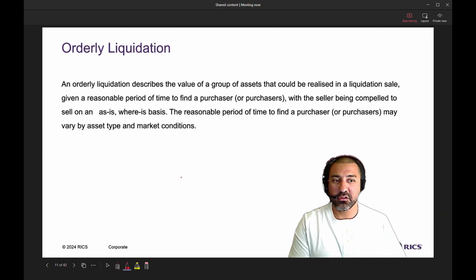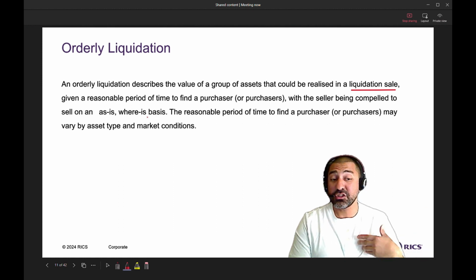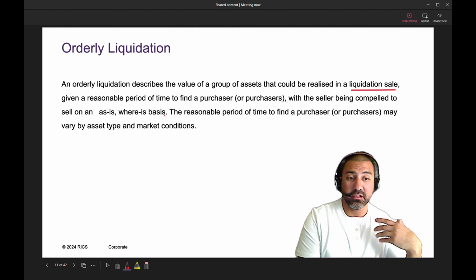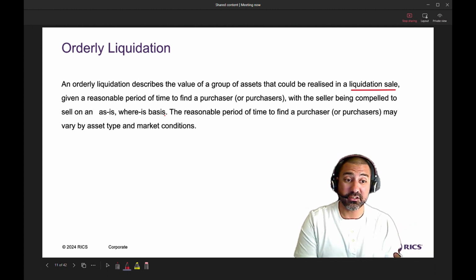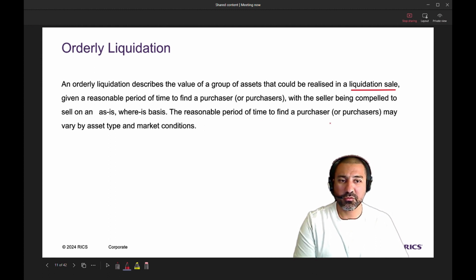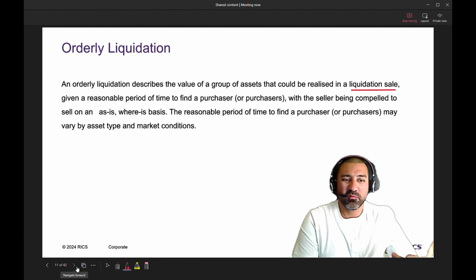Orderly liquidation, on the other hand, could be realized in a liquidation sale. But at a market sale, it could actually produce a value higher than market value. There could be so much demand that it goes into a bidding war, and in that case it can give you a value that's exaggerated above market value, or it could be less, right? But again, it follows the same reasonable period of time to find a purchaser, which may vary by asset type and market conditions. So you're not in a rush to sell.